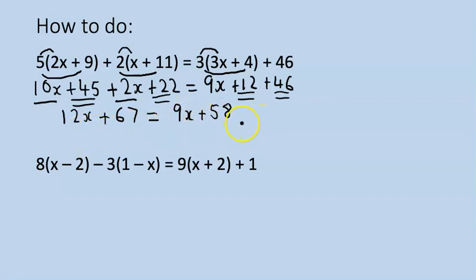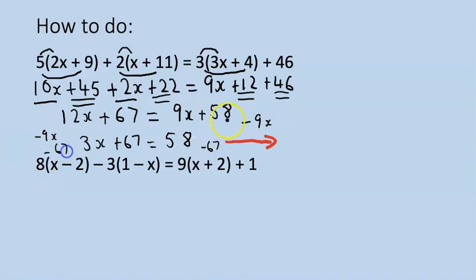Now I take away 9x from both sides. 3x plus 67 is equal to 58. And then that means if I take away 67 from both sides, because that's on the same side as x, 3x equals minus 9, x is minus 3.